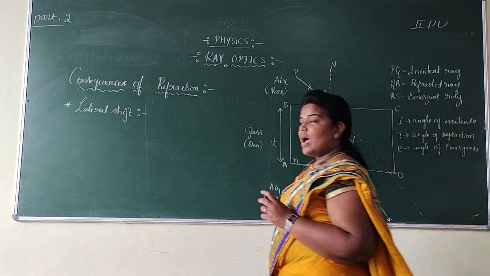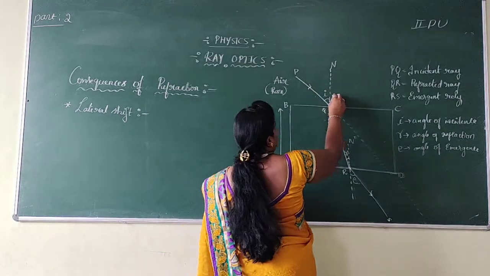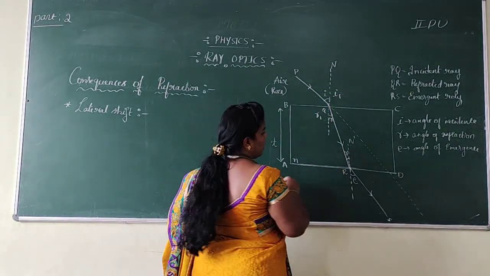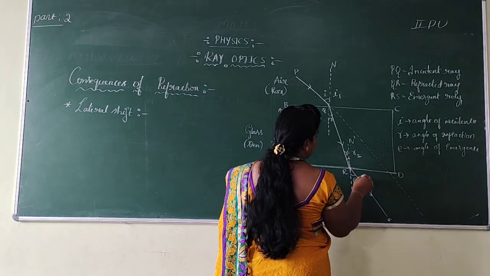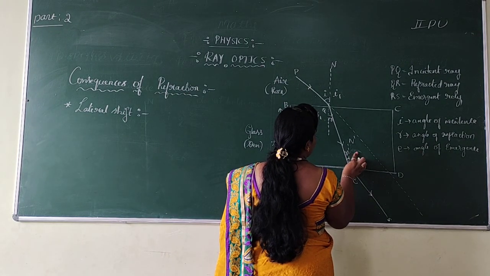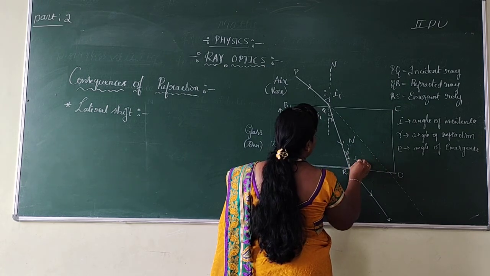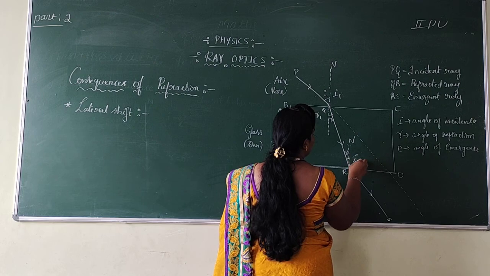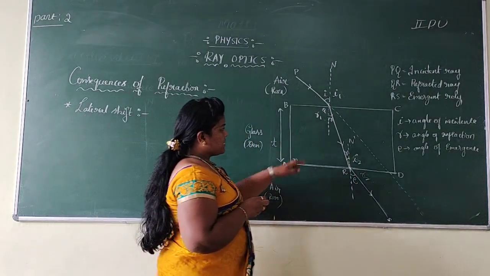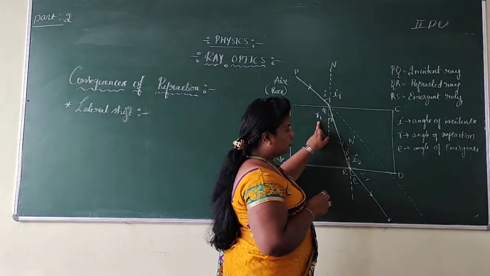Otherwise, we can use other notations also. I can be written as I1, this is R1, and here this can be written as I2 and this as R2. For the first surface, the angle of incidence is I1 and the angle of refraction is R1.